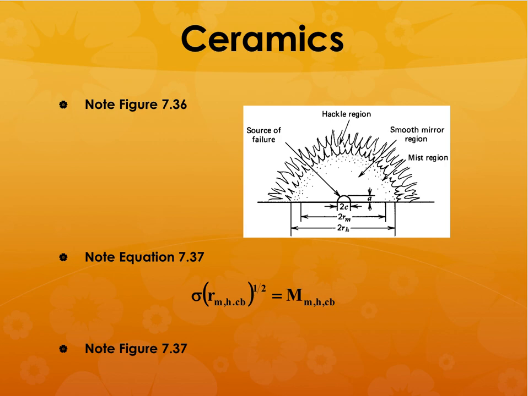For ceramics, they behave in a slightly different manner. Okay, so you can clearly see where the fracture started from, and based on that you can calculate the mirror size and things like that, and that can be correlated to the stress concentration and therefore the behavior of the material.